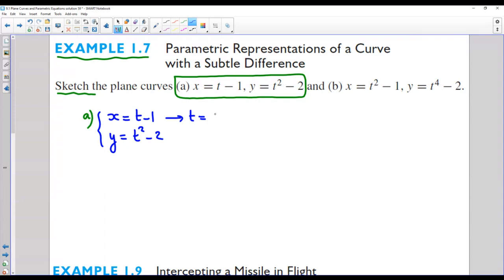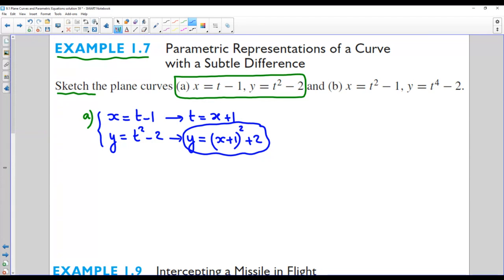X plus 1. Thank you, Aisha. Yes, x plus 1. And then we substitute into the y. So it's going to be (x plus 1) squared minus 2. This is then the xy equation of this curve.